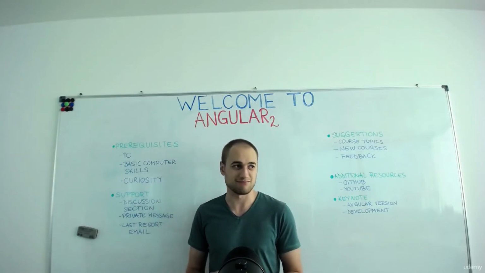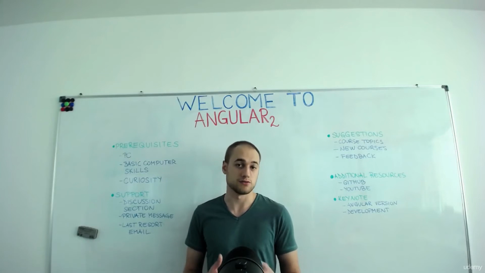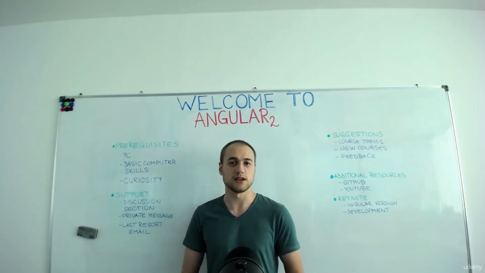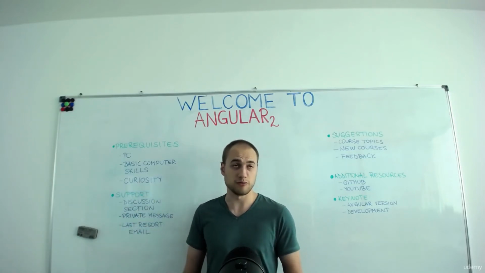You will also require some basic computer skills. By that I mean, just know how to turn your computer on and log in, and from that point on you can more or less follow the tutorial. Another very important characteristic which you should possess, and which I believe you do possess since you have decided to take this course, is curiosity. There will be problems and difficulties along the way.